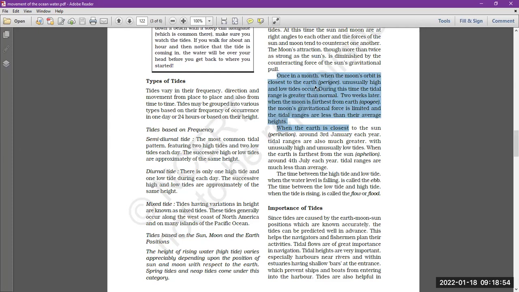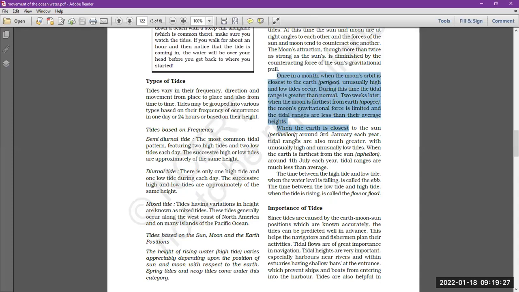So students, now listen to me, यहाँ पे देखिए, अर्थ और मून जब बिल्कुल क्लोज होंगे, तो मंथ में एक दिन ऐसा आता है जब वो एक दूसरे से सबसे कम डिस्टेंस पे होते हैं, फिर वापस दूर चले जाते हैं। तो उस वक्त अनयूजुअली एक हाई एंड लो टाइड ऑकर होता है। सो उस पोजीशन को वैसे बोलते हैं पेरिगी.